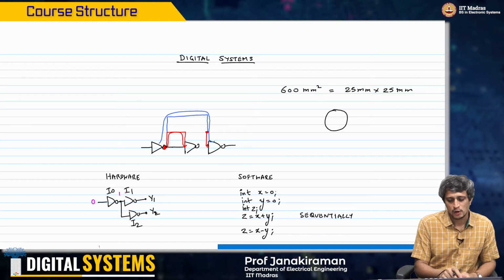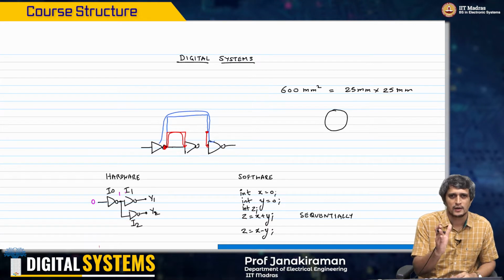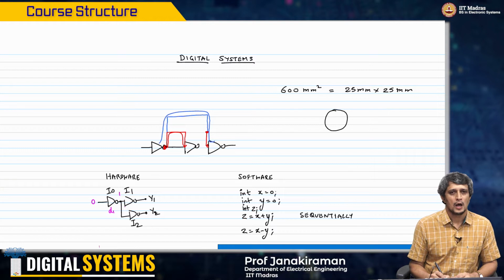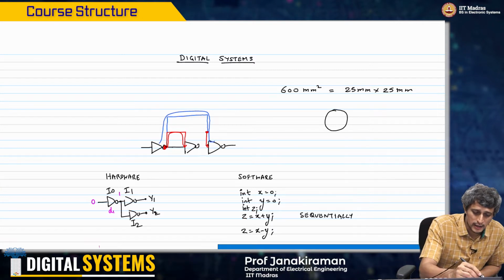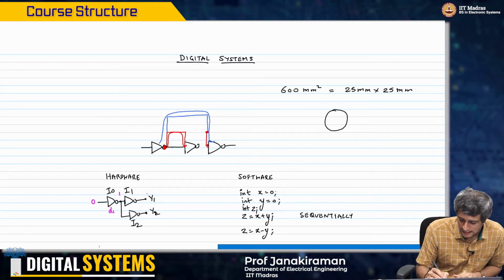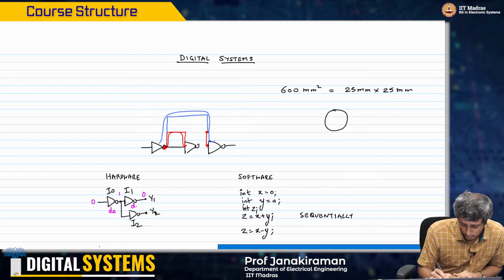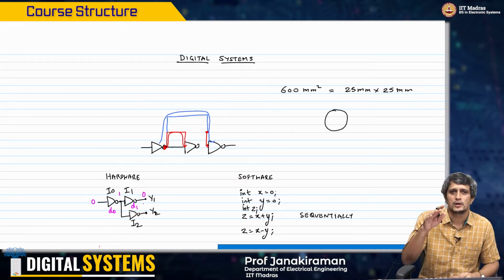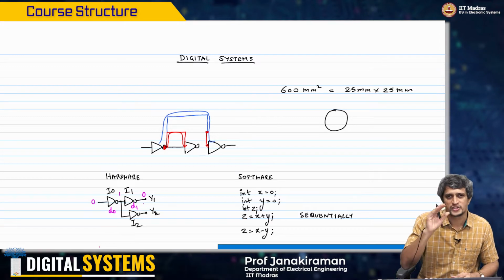For 0 to go to 1, it takes a certain time delay, let us call that delay D1. Once inverter I1 receives 1, it takes another delay, D0, for the output Y1 to reach its final value of 0.